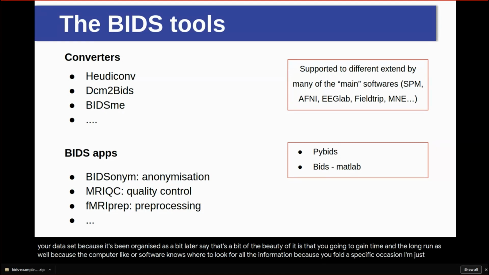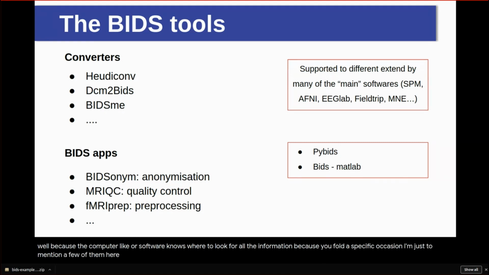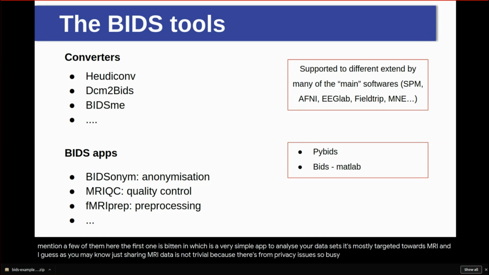I just want to mention a few of them here. The first one is BIDSonym, which is a very simple app to anonymize your data set. It's mostly targeted towards MRI, and as you might know, just sharing MRI data is not trivial because there are some privacy issues. So BIDSonym will deface the data set.